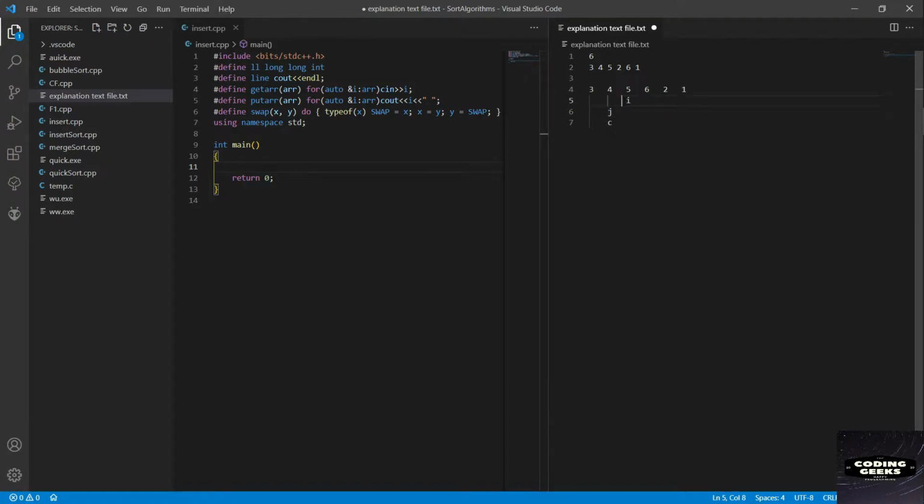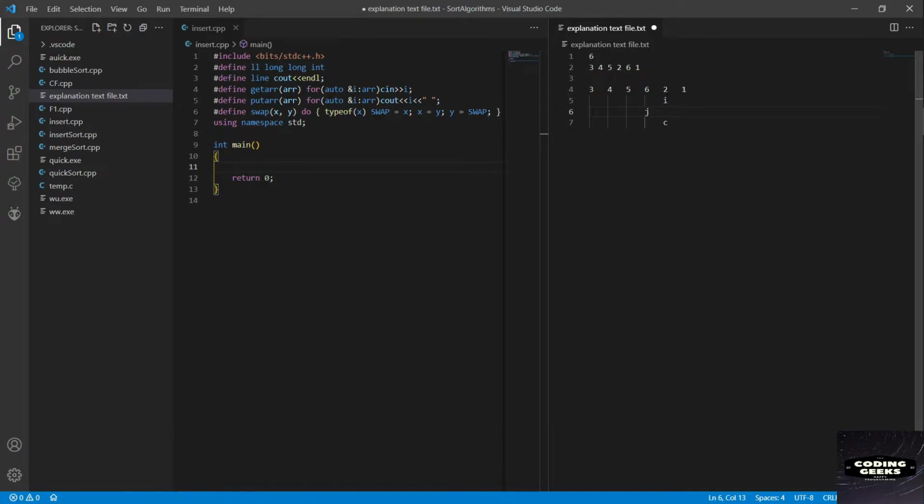We don't encounter such a case for a very long time, and when we reach 2, we encounter it. You realize that 6 is actually greater than 2, and what is 2 doing here? So you just swap it.